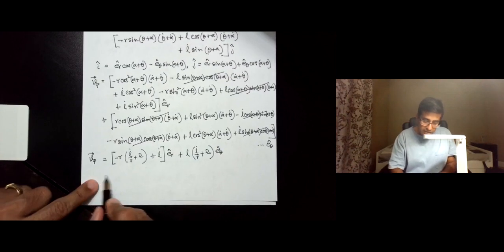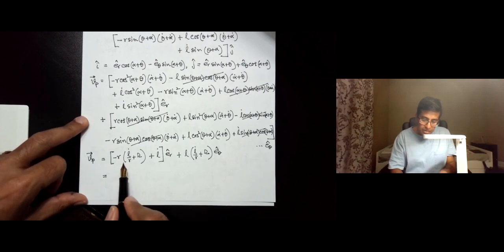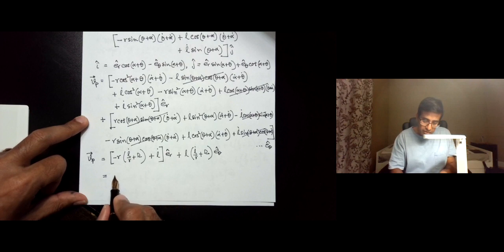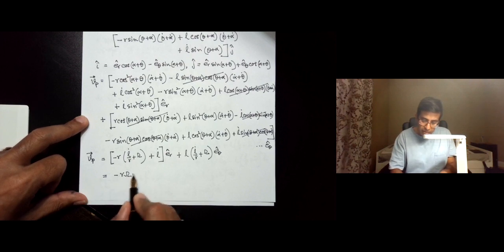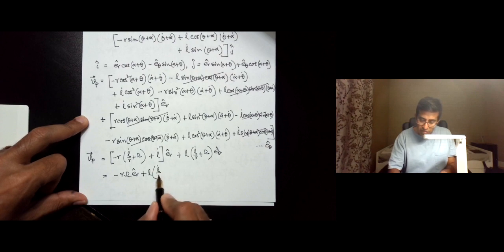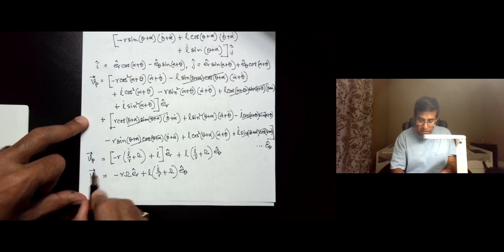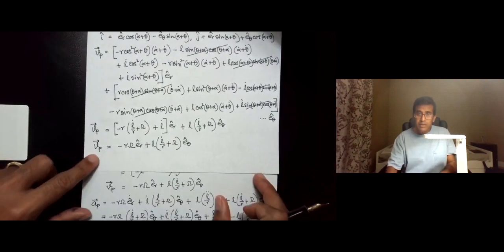And so in the last step of simplification, one thing that you can see is there is a negative L dot here and there is a positive L dot here, so we'll get negative R omega ER plus L times L dot over R plus capital omega E theta. So that's our expression for Vp, and if you compare with the velocity expression in the previous page with method 1, you see that they match exactly.